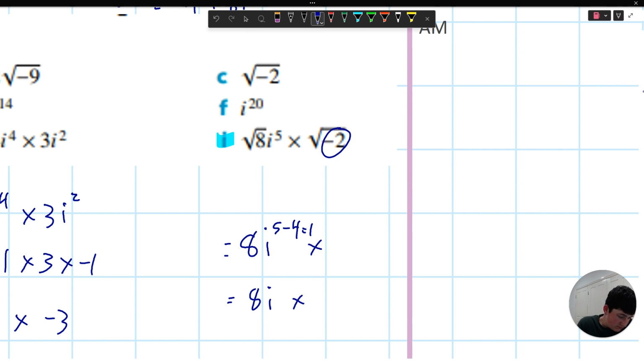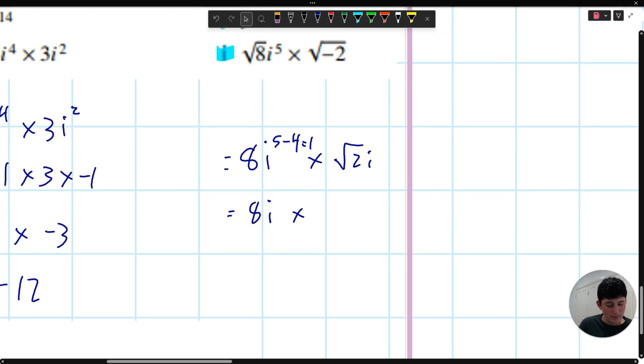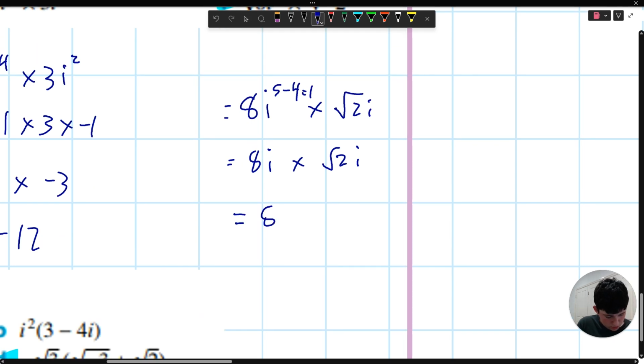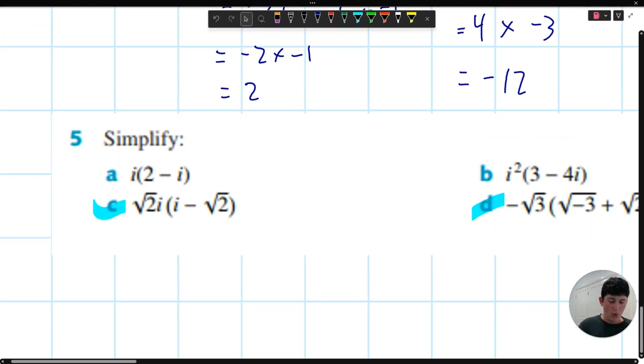We learned last year, probably for you, that you can't have a negative root. Well, yes you can. You just have to put an i on the end. Therefore, root 2i equals 8 root 2i. Wow.